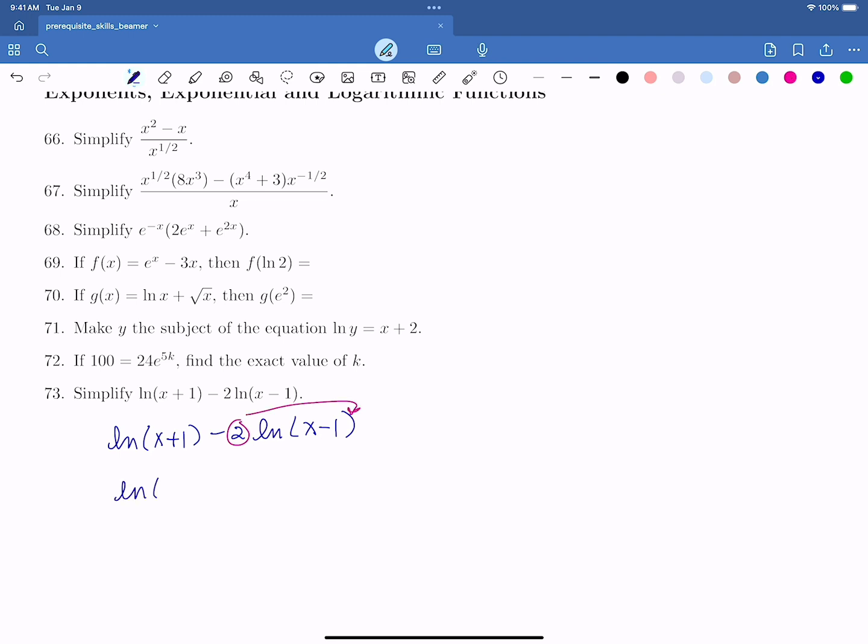So ln x plus 1 minus ln x minus 1 squared, like so. When we subtract 2 logs, we can condense them by dividing. We make a quotient x plus 1 over x minus 1 squared. So we've condensed this into a single logarithm.